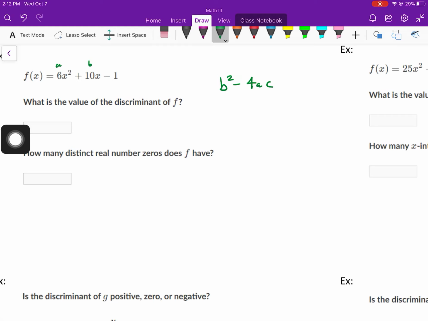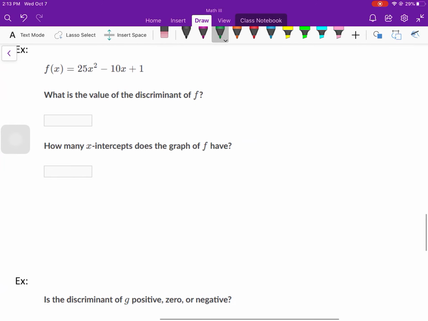Here's a, here's b, and here's c. So we'll have 10 squared minus 4 times 6 times negative 1, which is 100, and then plus 24, which is 124. So that answers that, 124. So since it's a positive number, we're going to have two solutions.